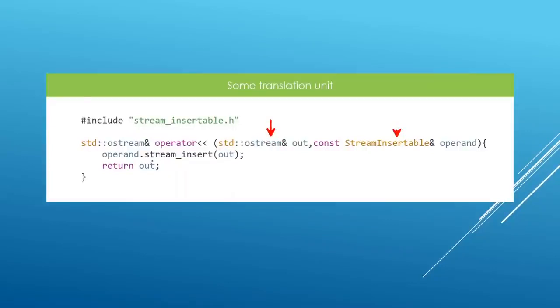We are going to call the stream insert virtual function on our operand here, and this is going to call the most specific implementation we can find for the stream insert. If we are trying to print a circle, for example, this is going to call the stream insert override on our circle object. If we are trying to print a point, this is going to call this method on our point object. And this is going to use polymorphism because our second operand here is passed by reference.